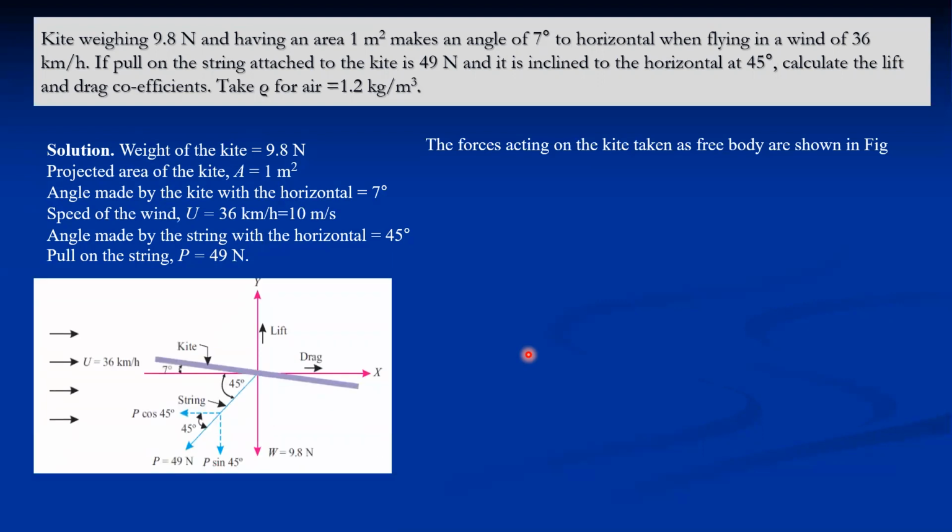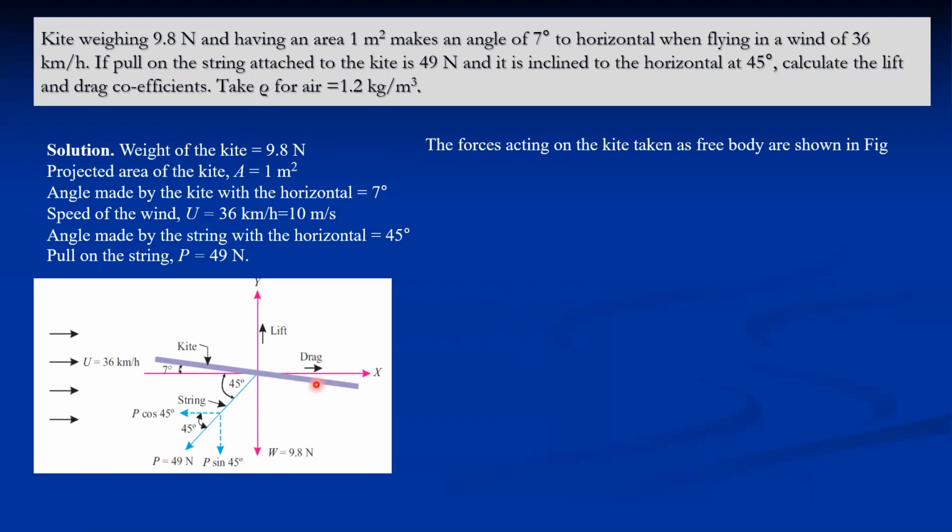So this is a diagrammatic representation of the kite. Its weight is 9.8 Newton. And it makes an angle of 7 degree with the horizontal. And it is flying in wind, where the wind velocity is given, that is 36 kilometer per hour. So this is an asymmetric body, so here both lift and drag forces are exerted.